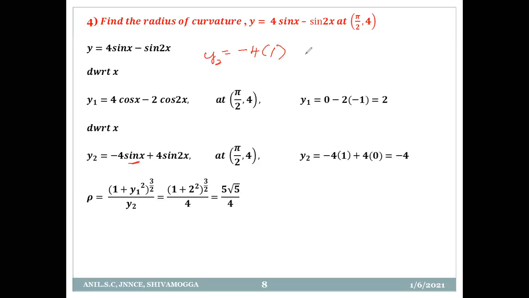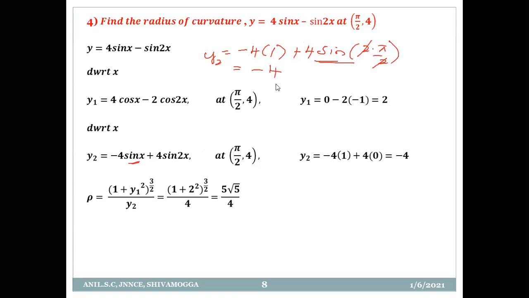Sin pi by 2 is equal to 1, plus 4 into sin 2 pi by 2. This 2 will get cancelled with this 2. You get sin pi. What is sin pi? 0. 0 into anything is 0. Therefore, this is equal to minus 4.